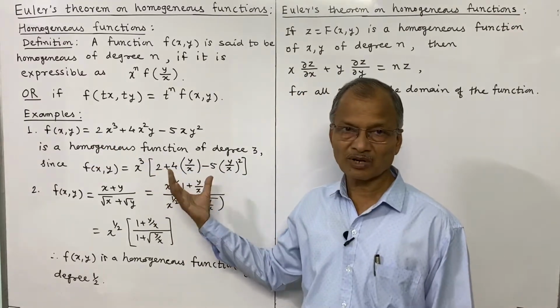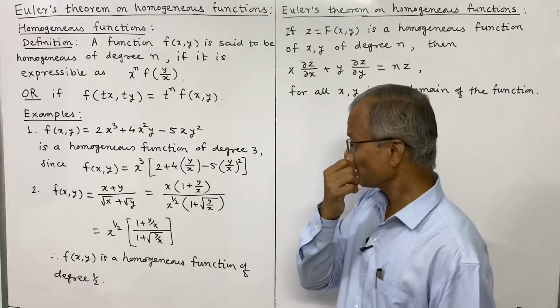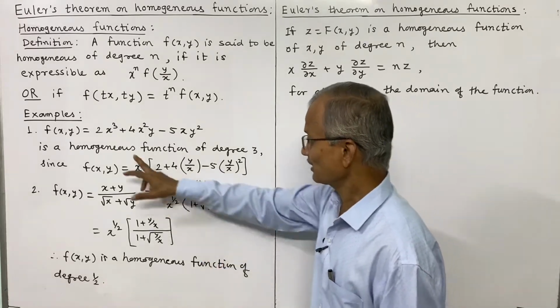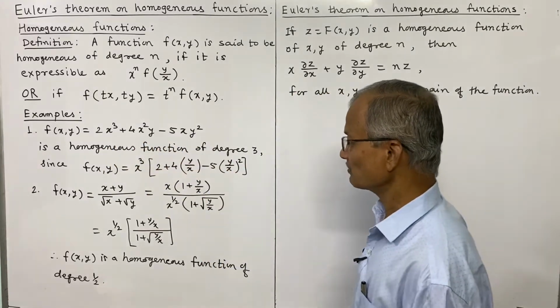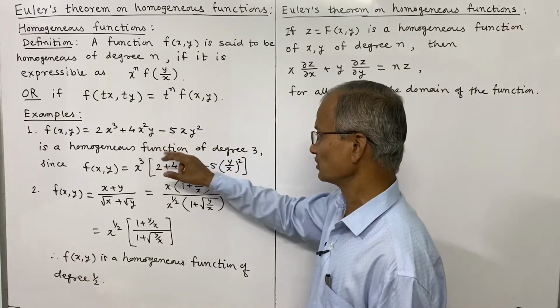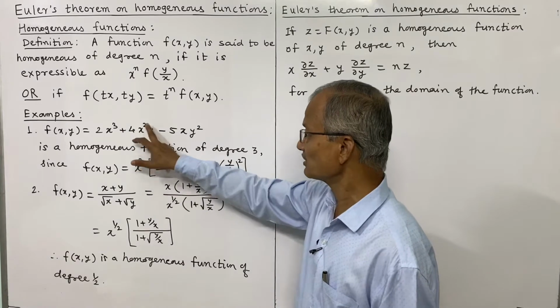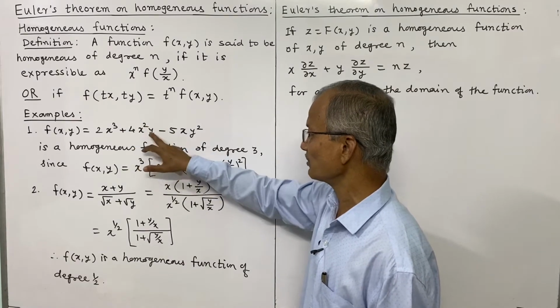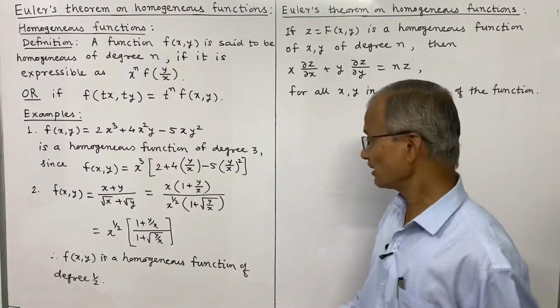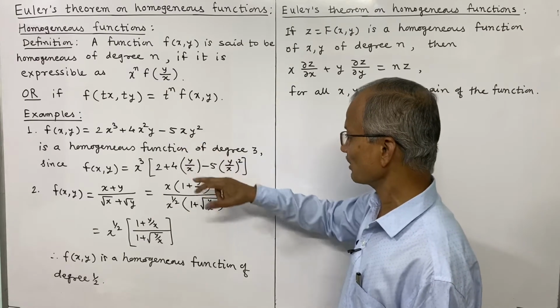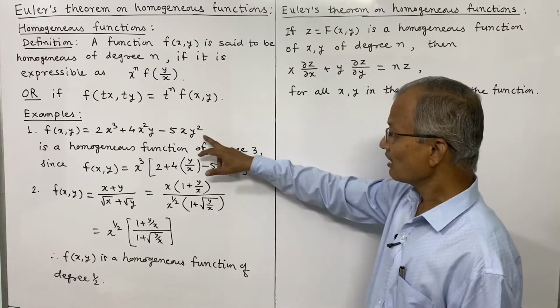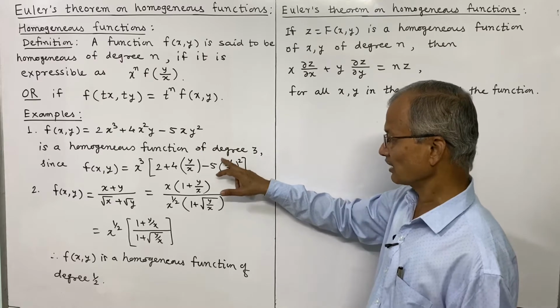This is a simple algebraic simplification. X cube is taken common, meaning we divide each term by x cube. The first term becomes 2, plus the next, x square y divided by x cube, is y upon x, and the next, 5 xy square divided by x cube, becomes y square divided by x square, which I have written as y upon x whole square.